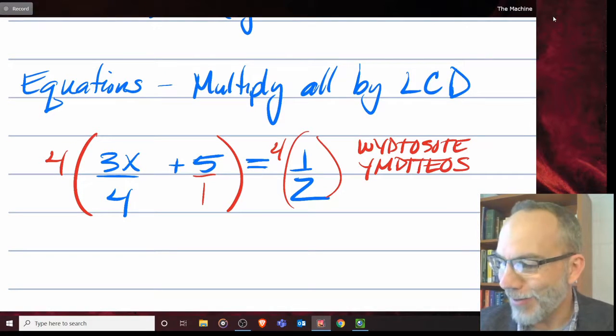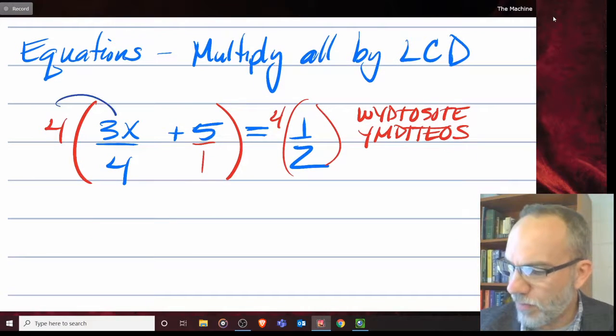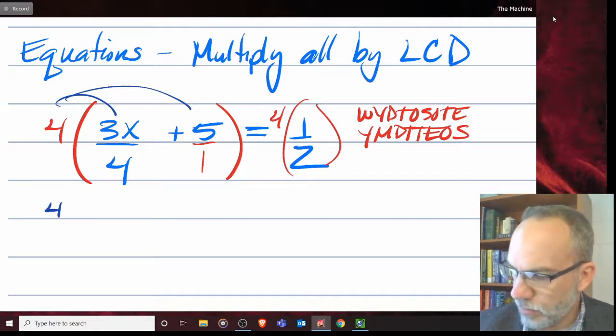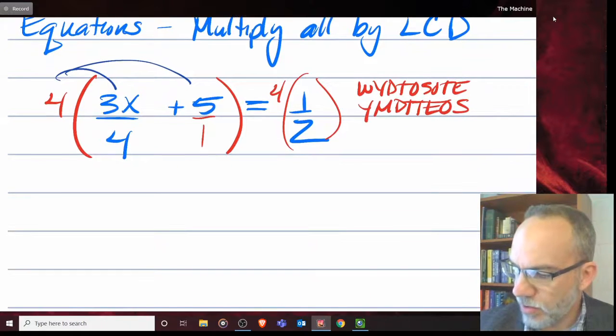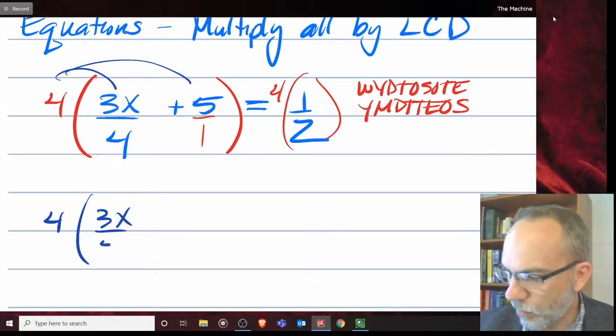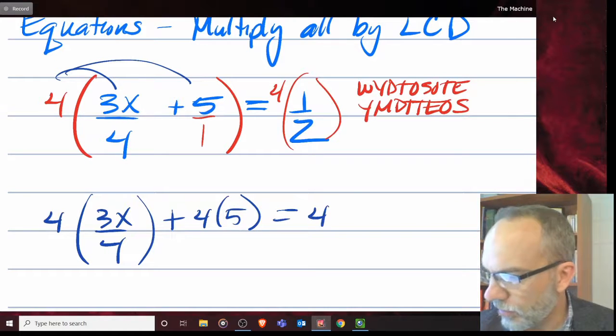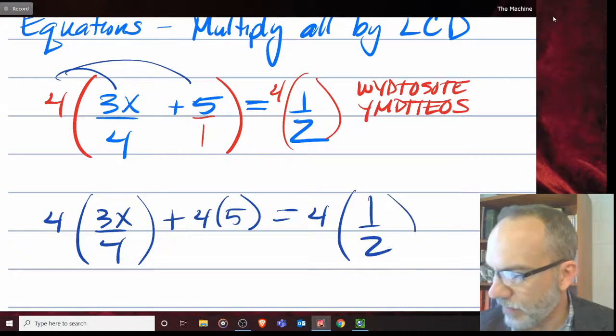Here's how it plays out, and this is great. If I distribute the 4 into this group, let me skip a line so it's not so cluttered. This is glorious: 4 times 3x over 4, plus 4 times the 5, equal to 4 times 1/2.